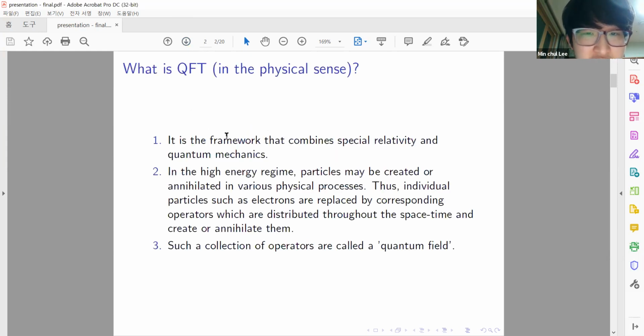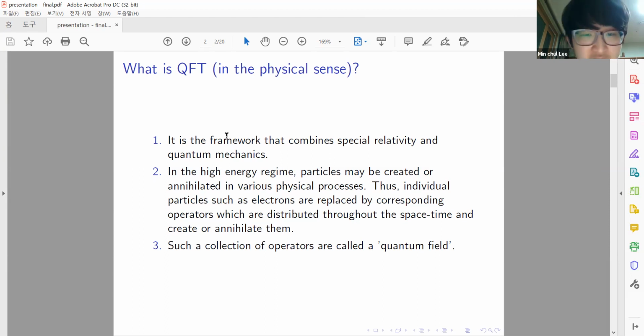So first, let's start at the physical level. What is a QFT? It is the framework that combines special relativity and quantum mechanics in the high energy regime, that is, very fast moving particles. Particles may be created or annihilated in various physical processes, such as an electron and positron being pair annihilated and creating photons.